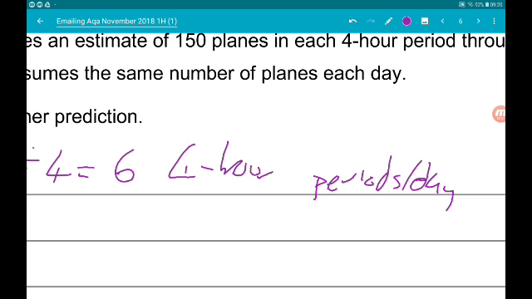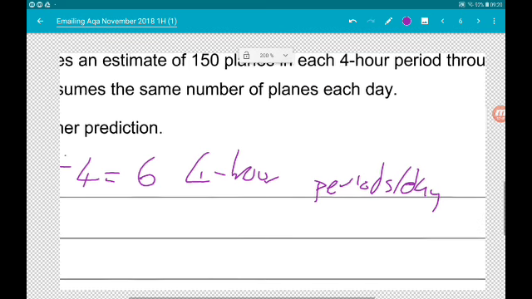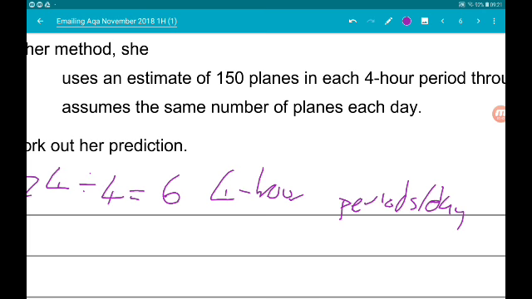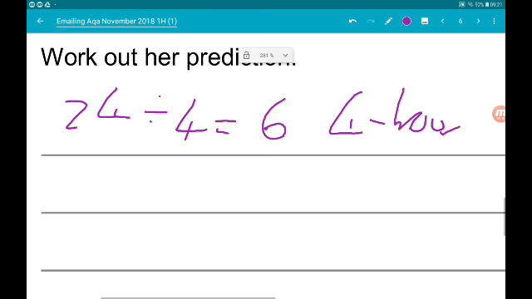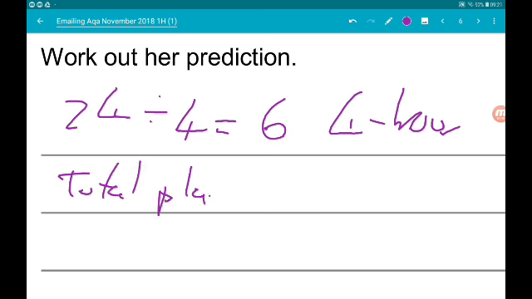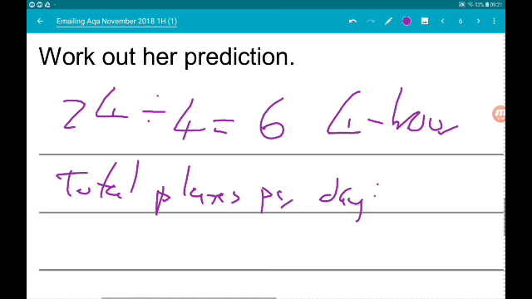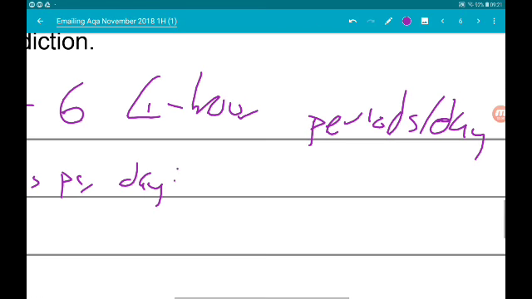Now, in each of those, we are assuming 150 planes land. So, total planes in a day is going to be 6 times 150. 6 times 100 is 600. 6 times 50 is 300.